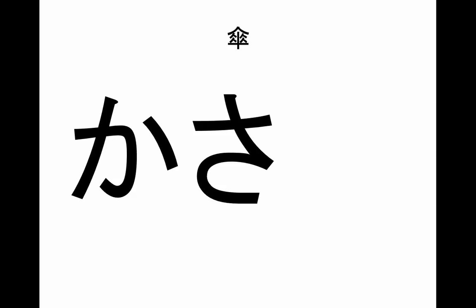Kasa. Umbrella. And don't you love the kanji for it? Looks like exactly what it is. Except the rain looks like it's underneath the umbrella. Well, those are actually person symbols. So it could represent four people huddling under one kasa, or it could represent the struts holding up the canopy piece, and then the cross piece is the part that you push up.